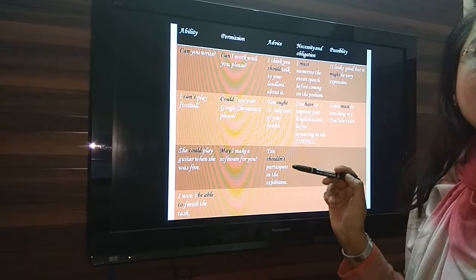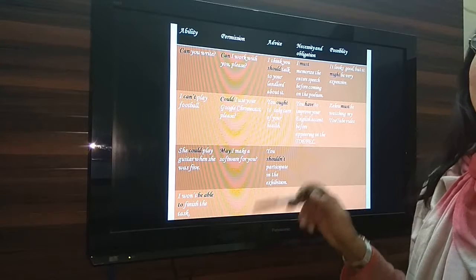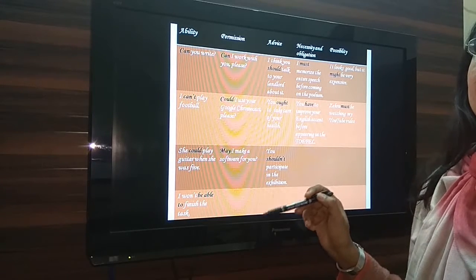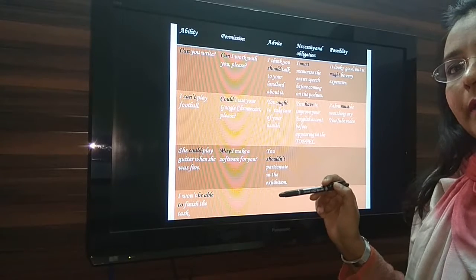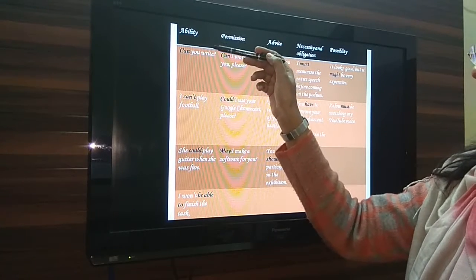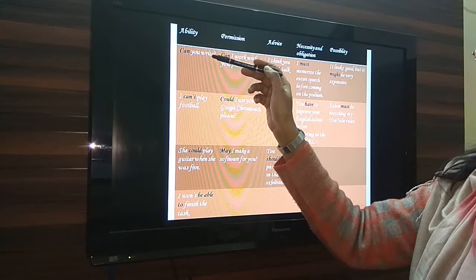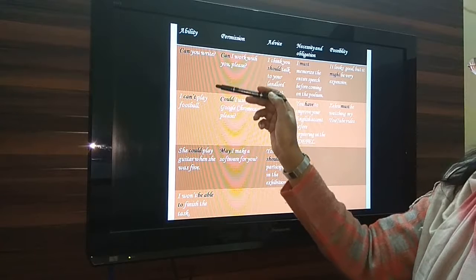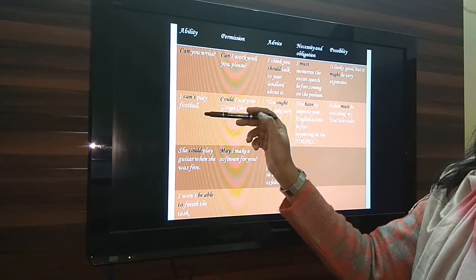So the modal auxiliaries, or the modals, are very important in speaking English in day-to-day situations. For example, the first modal, can, is used to express ability. I can't play football.